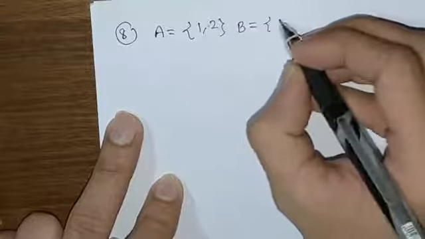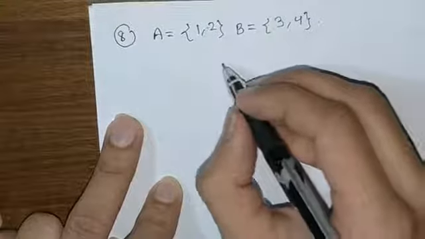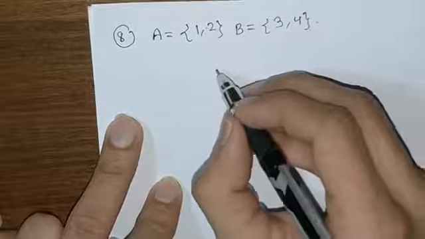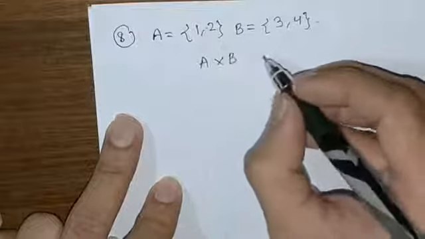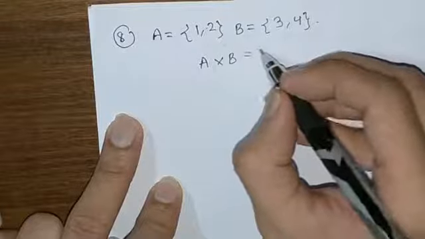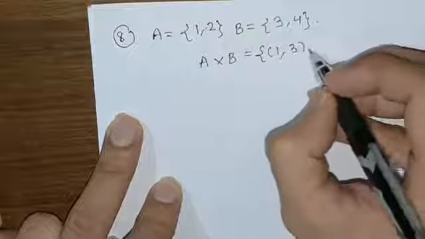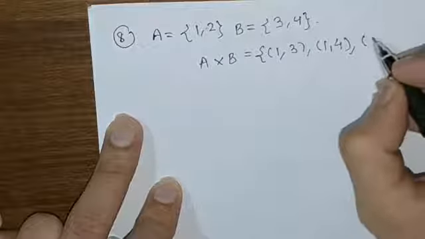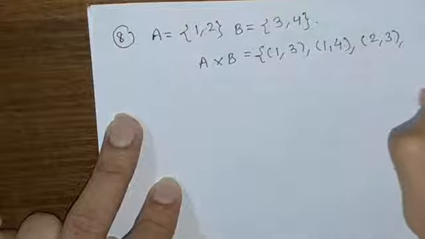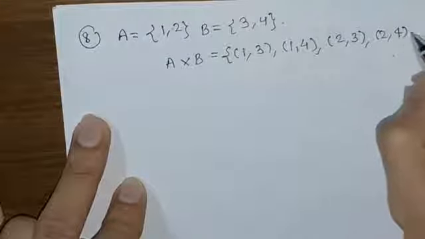Set B is given to be {3, 4}. A cross B we have to write, that is equal to {(1, 3), (1, 4), (2, 3), (2, 4)}.